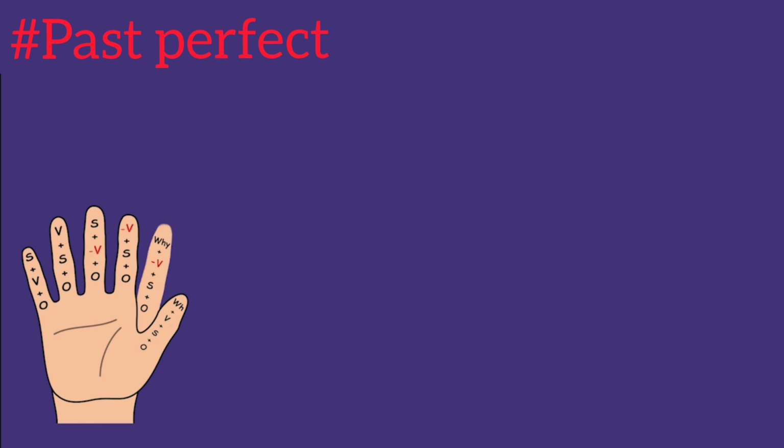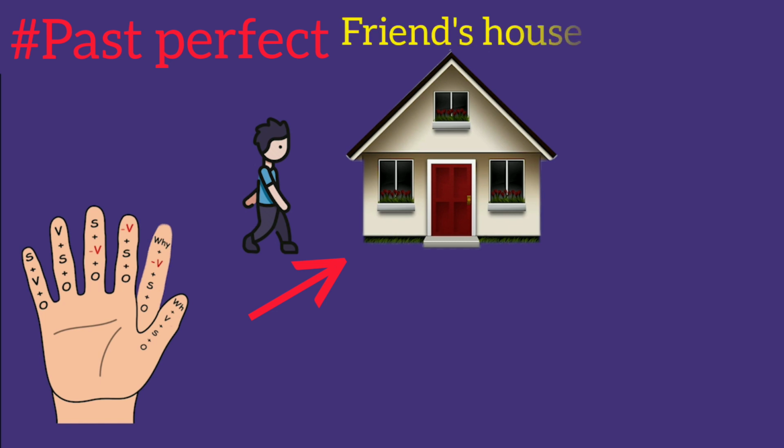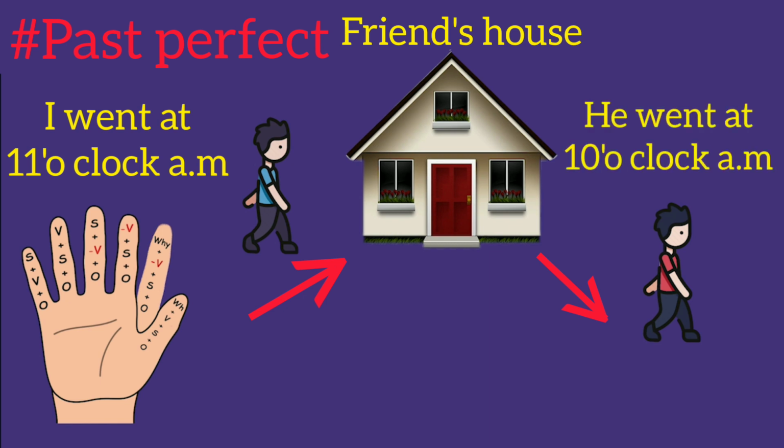Say for example, imagine when you went to your friend's house at 11 a.m., your friend went out at 10 a.m. itself. These two sentences are past events. So, in this case, you have to use the past perfect tense.